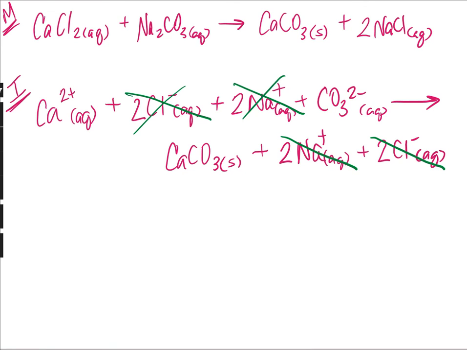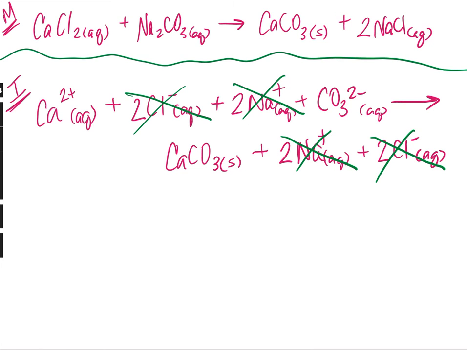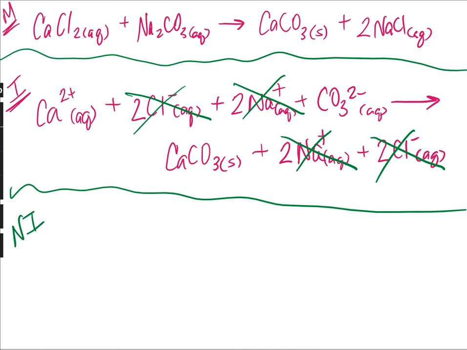So we can just imagine canceling them out. We won't include them anymore. What we're left with from there would be our net ionic equation. So the net ionic equation, I'm just going to show it as Ni, net ionic. Our net ionic equation, what do we have left? We have the calcium cation, which was aqueous.